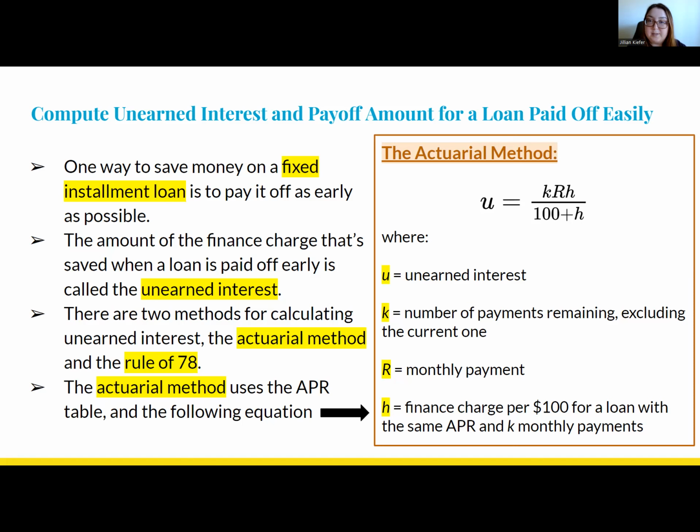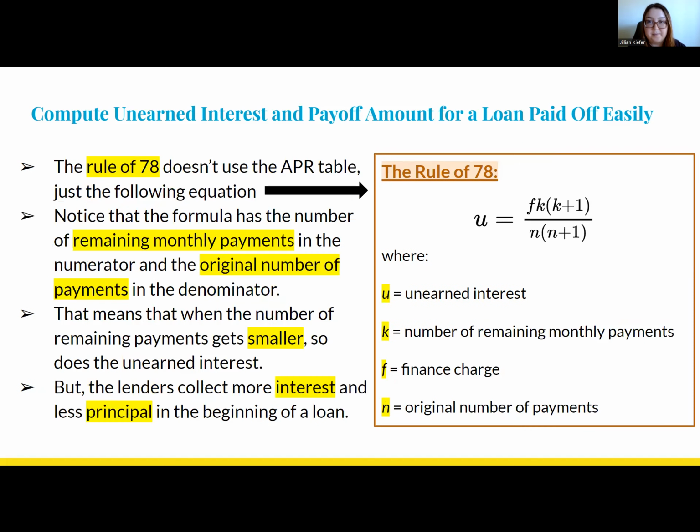There is another method, like we said, the rule of 78. So we can go ahead and look at that one as well. The rule of 78 doesn't use the APR table, just the following equation. We want to notice that the formula has the number of remaining monthly payments in the numerator and the original number of payments in the denominator. They are different.